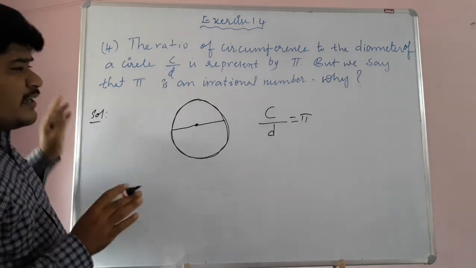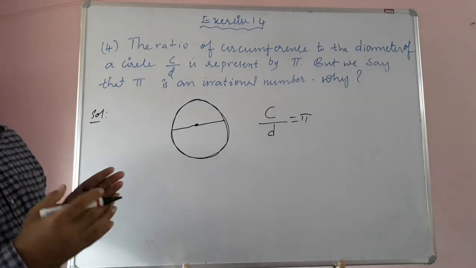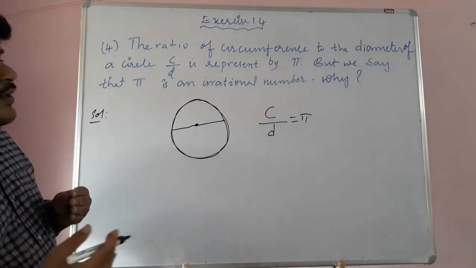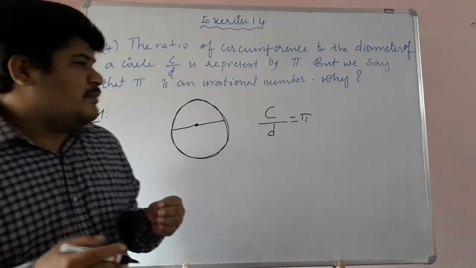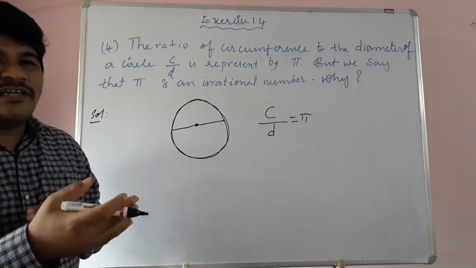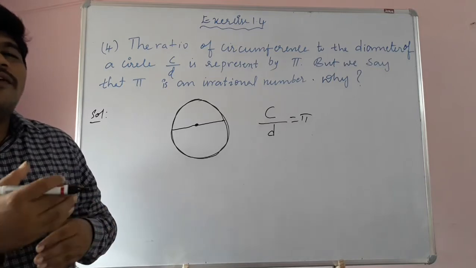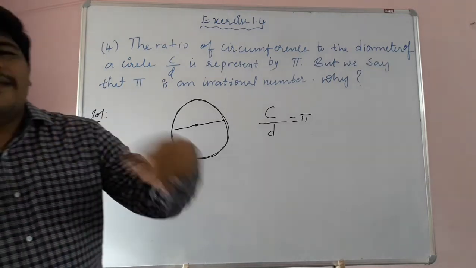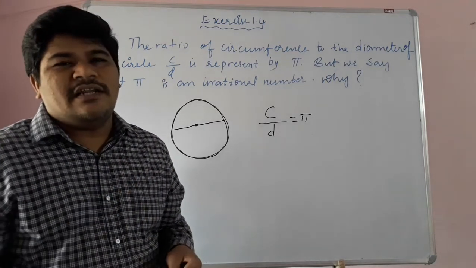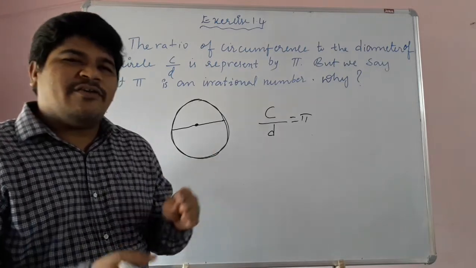So students, the reason is, yesterday we discussed one important point about irrational numbers. If p is rational and q is irrational, then p by q is irrational. If p is irrational and q is rational, in that case also p by q is irrational.